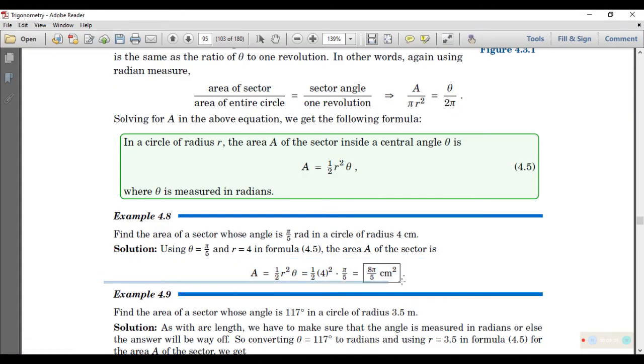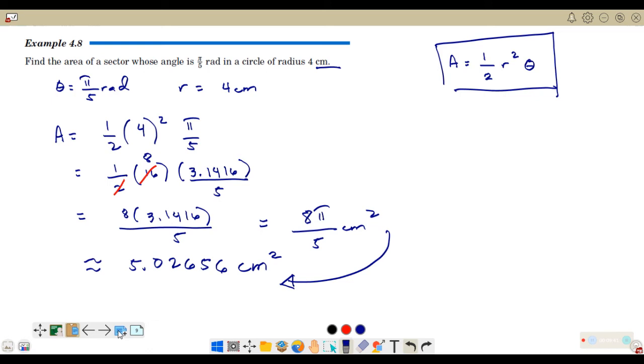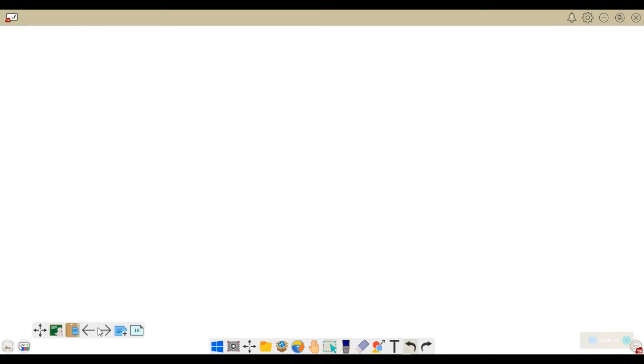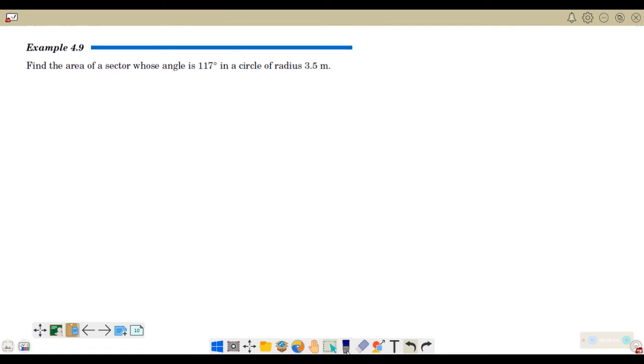Okay, next. Here we go. Since the angle is 117 degrees, we have to perform some conversion first. We need to convert degrees to radians. So, the theta given to us is 117 degrees.